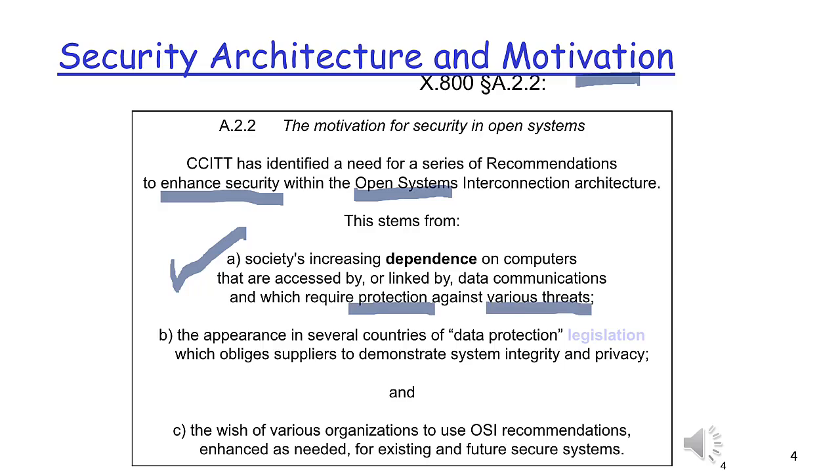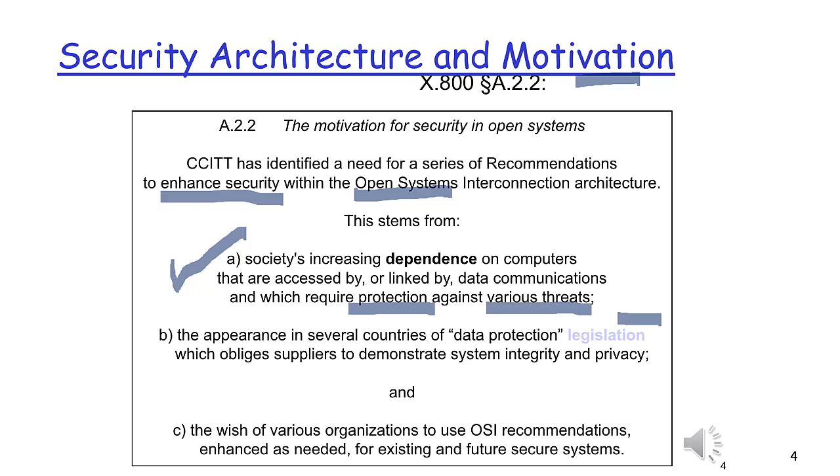There are several countries with increasing legislation about data protection. The European Union comes to mind, with Safe Harbor, in terms of managing some of the risks associated with that.